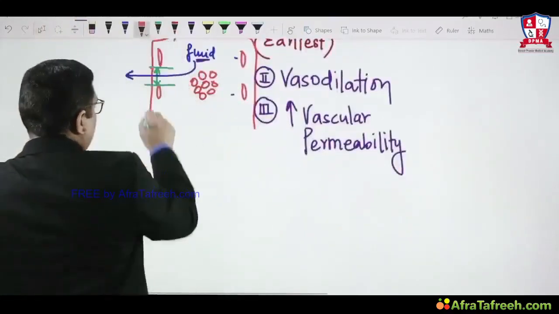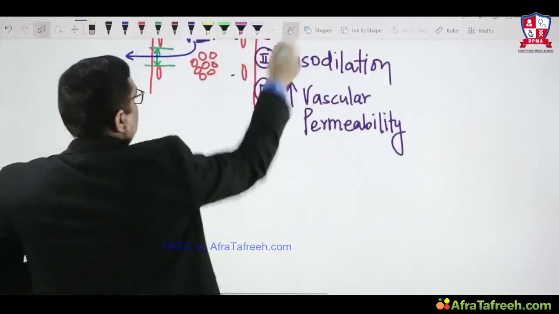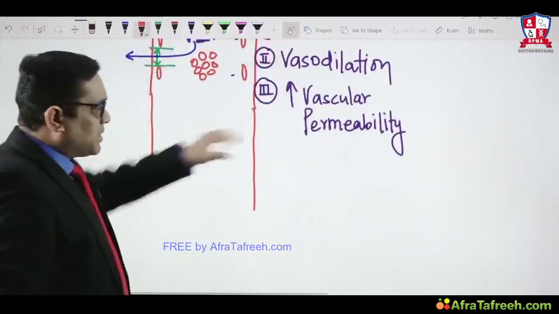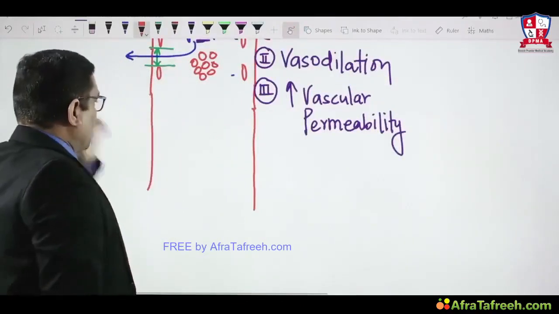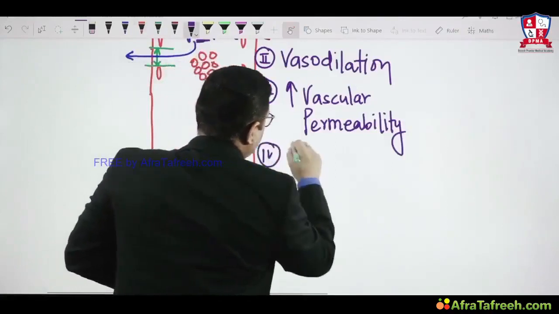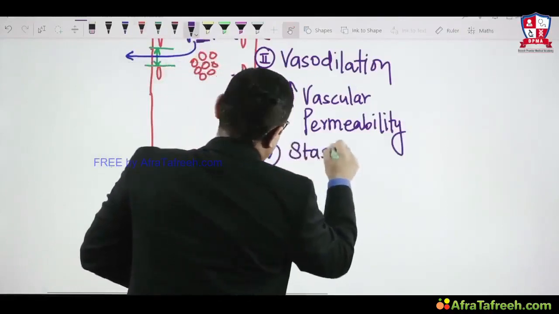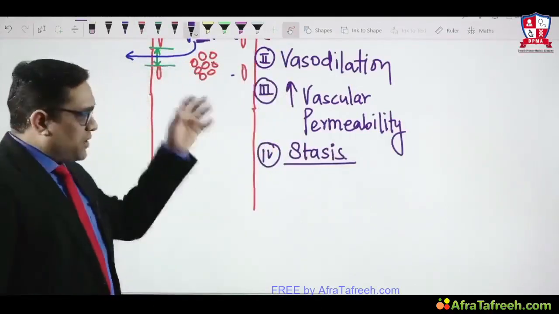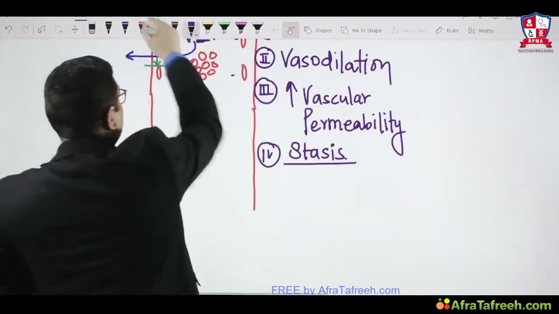Because of the increased vascular permeability, there is a loss of fluid. Because of loss of fluid, there will be increased viscosity, which is causing stasis, right? So fluid movement will be decreased. Why is there stasis?